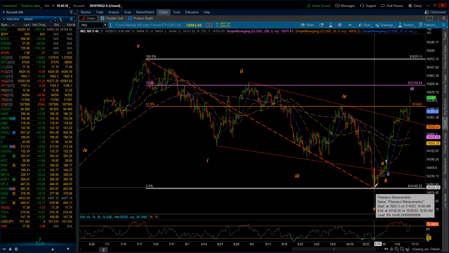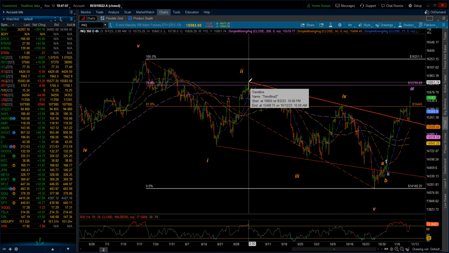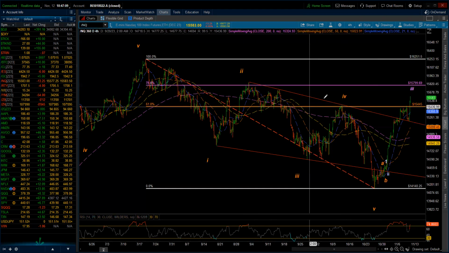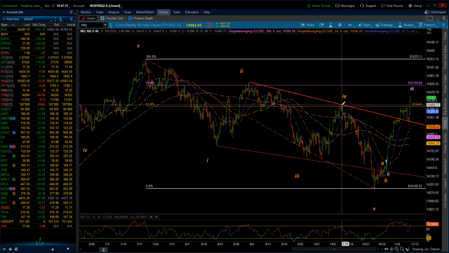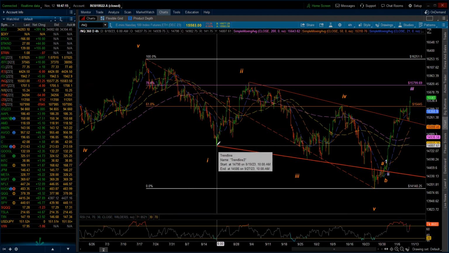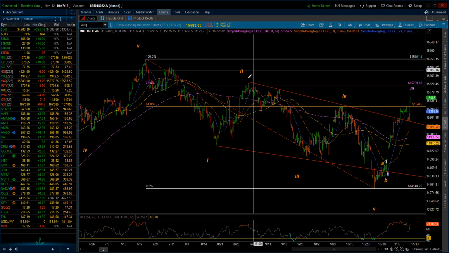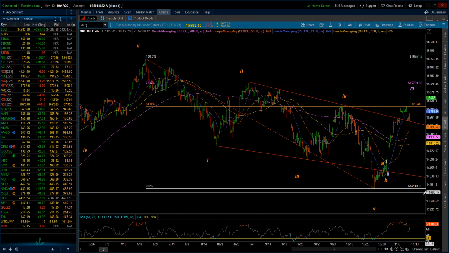Now, that fulfills one of the rules of the diagonal. The rule that wave 4 does not exceed the end of wave 2 is fulfilled. The guideline that wave 4 will, and I mean it exceeded it, folks. There's no doubt. But you can see that the triangle is truly in place.